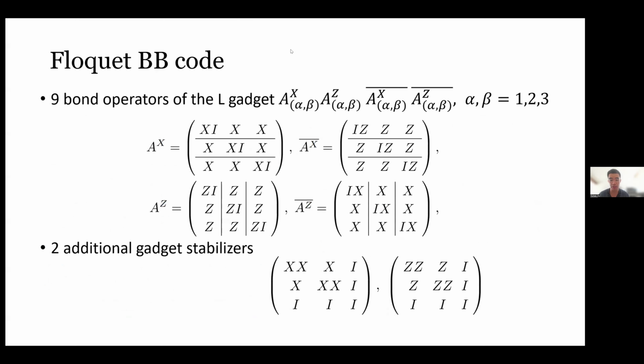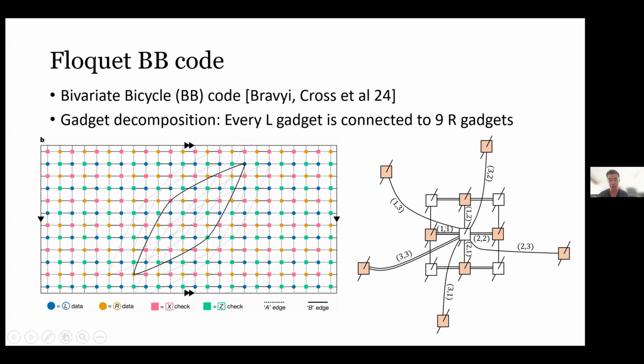So we can still think of the picture that we started with the toric code, where the incoming Pauli operators are mapped onto these bonds. But now for the BB code, every incoming X, for example for the L gadget, is mapped to these 9 directions that share the same first index.